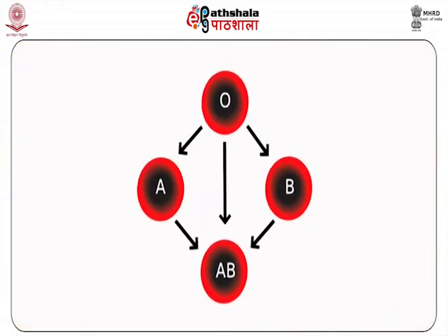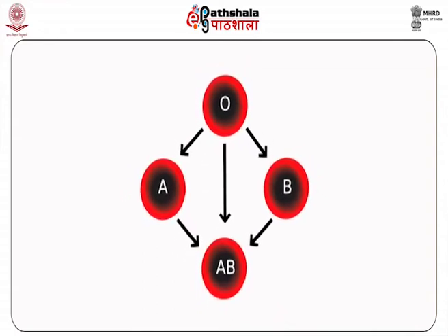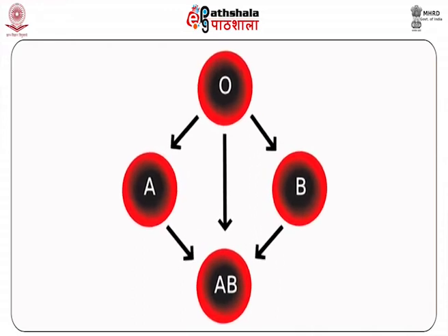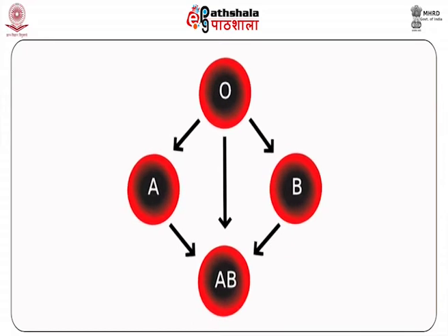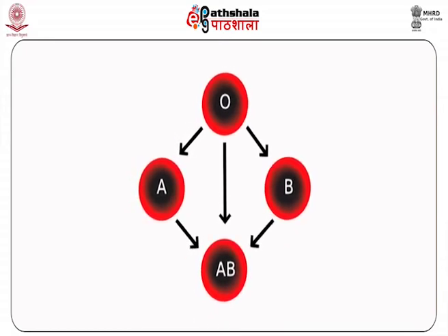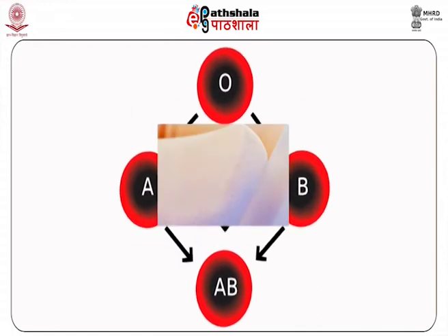Blood typing is one form of categorizing blood, known as the ABO system. A, B, O, and AB are the primary blood groups based on the presence of certain antigens on the surface of the blood cells.